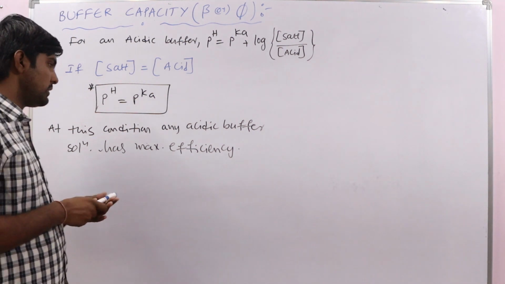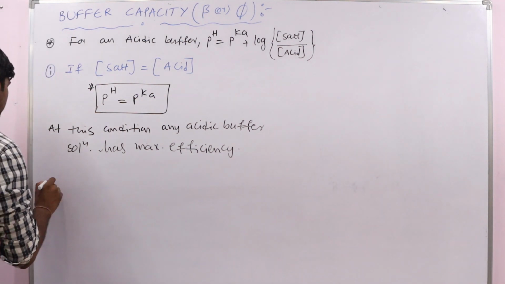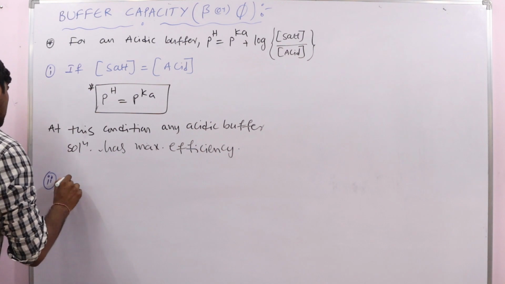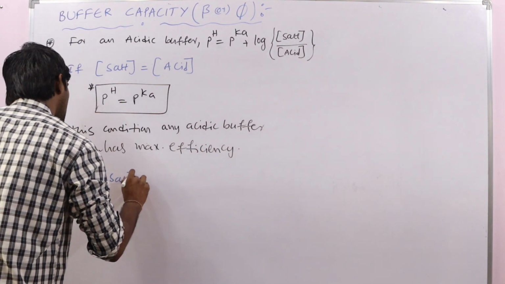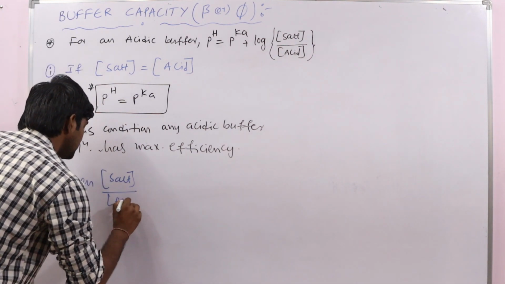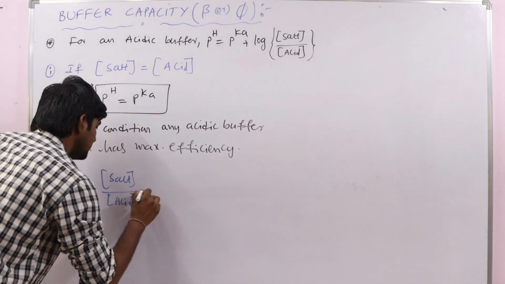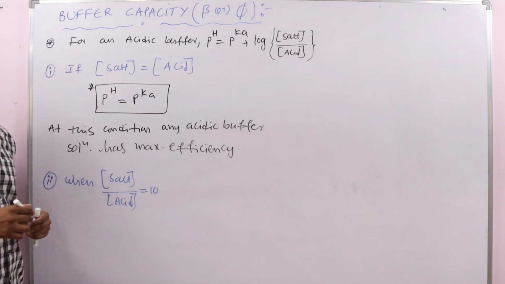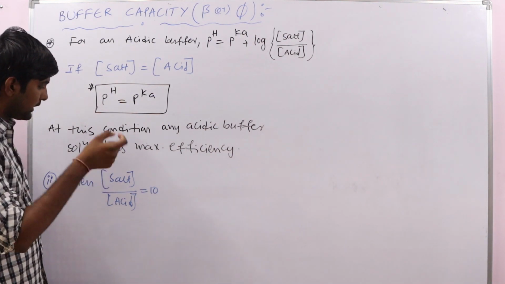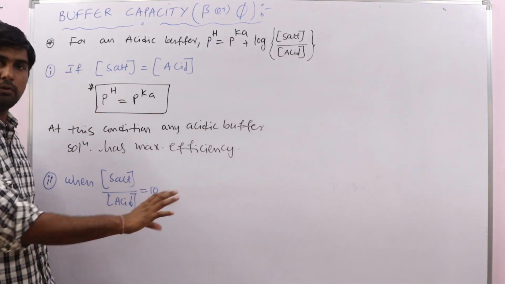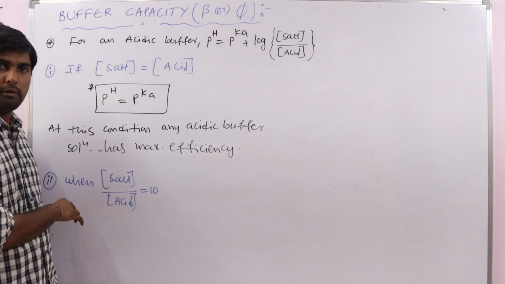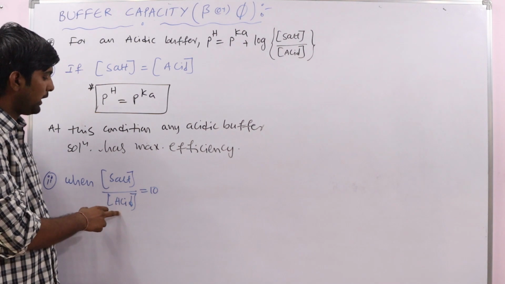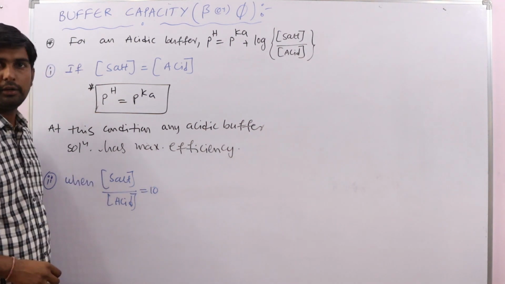Okay, so now let us discuss the second case. Suppose the concentration of salt by concentration of acid is equal to 10, whatever it may be, 20, 10. Whatever the value, for example 1 by 0.1, here also we get 10. Yes or no?